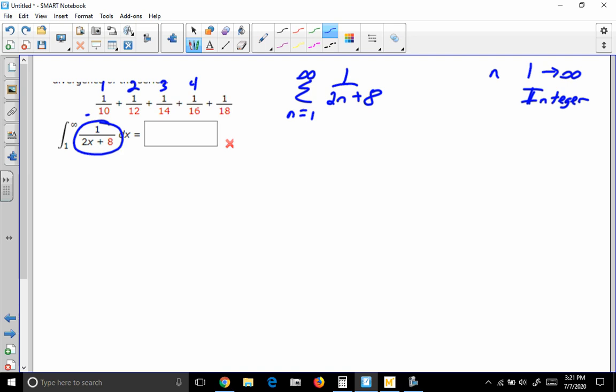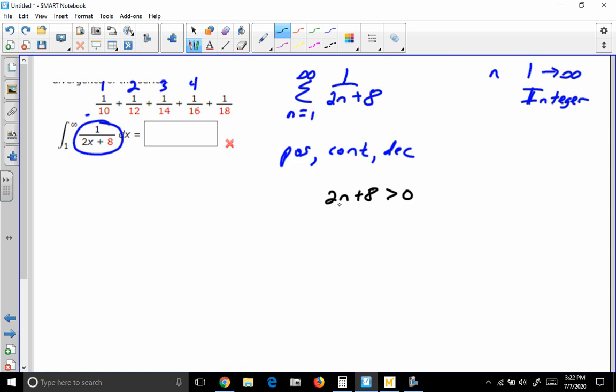So let's see, first of all, can we use the integral test here? Is this positive? Is it continuous? And is it decreasing? Well, this is always going to be positive because the numerator is positive and 2n plus 8 is always positive if n is 1 or bigger.